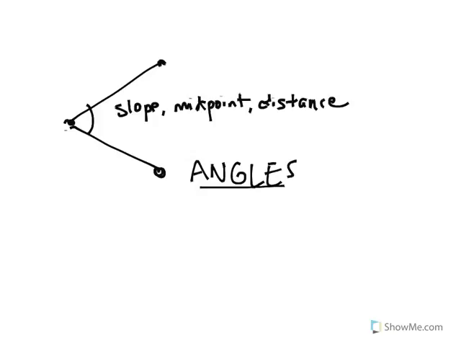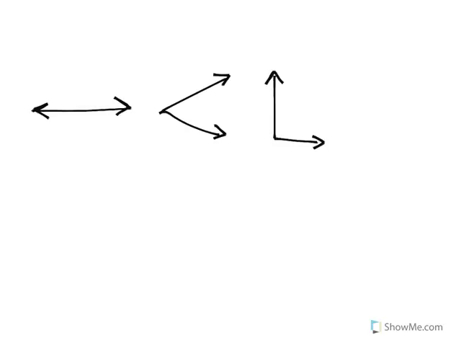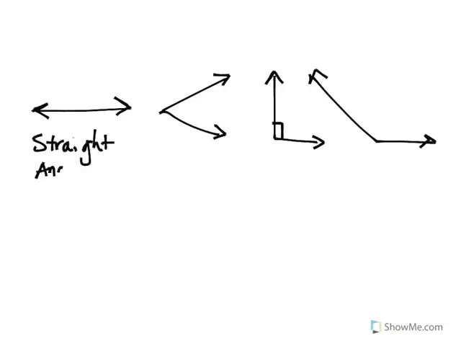So there are different types of angles. We have straight angles, which measure 180 degrees.